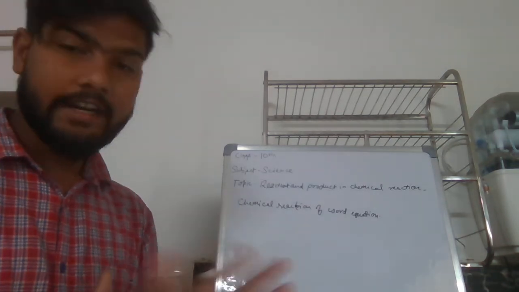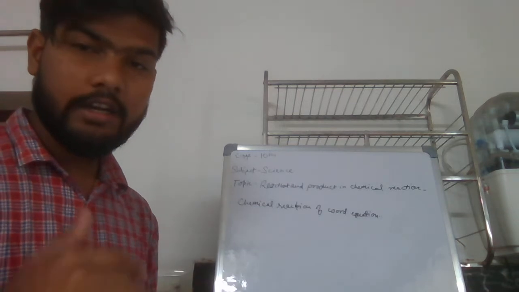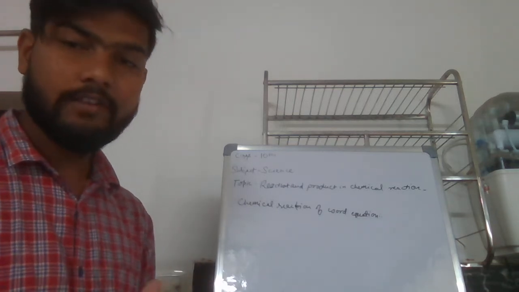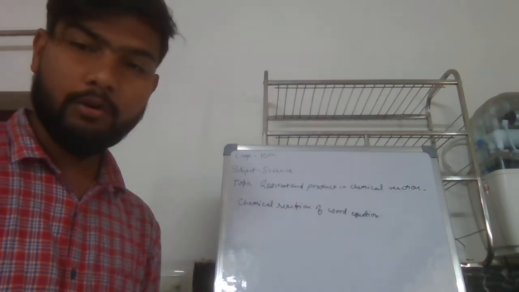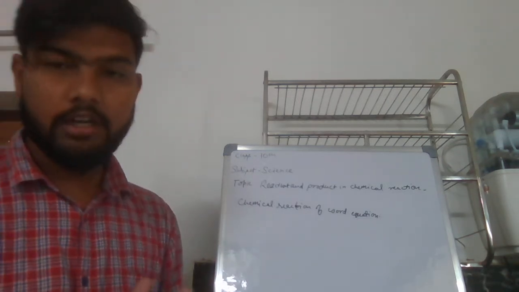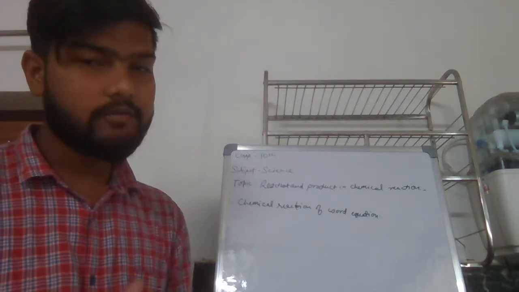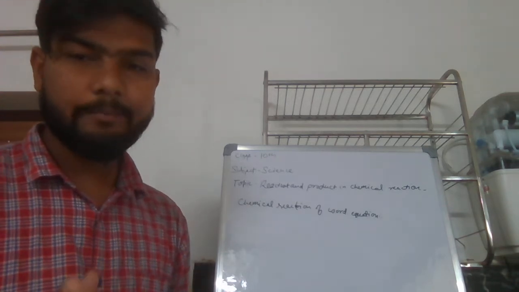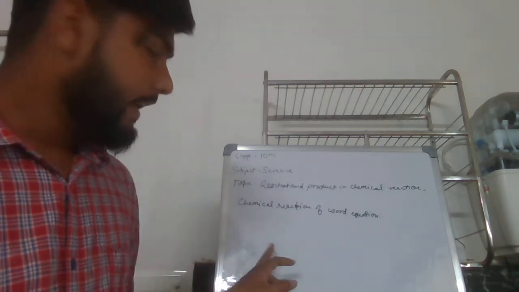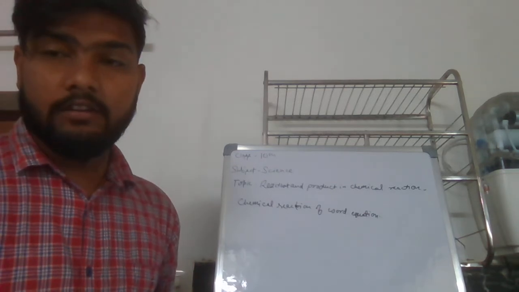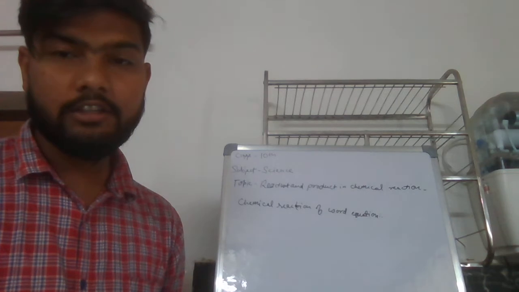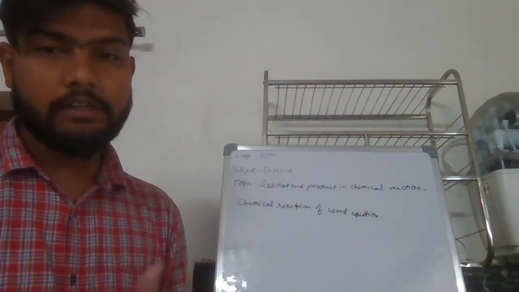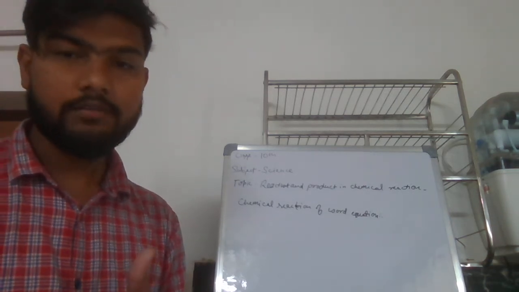The reactants are written on the left hand side, LHS, with a plus between them, and similarly the products are written on the right hand side, RHS, with a plus sign between them. Then we use the arrowhead that points toward the products and shows the direction of the reaction.